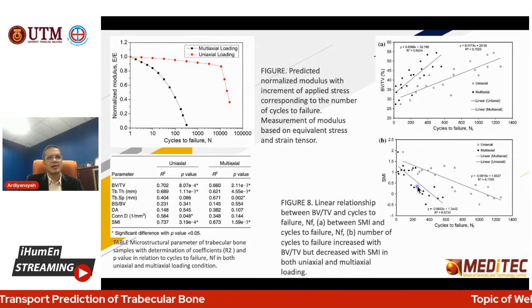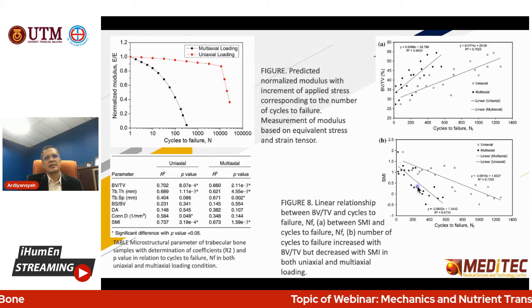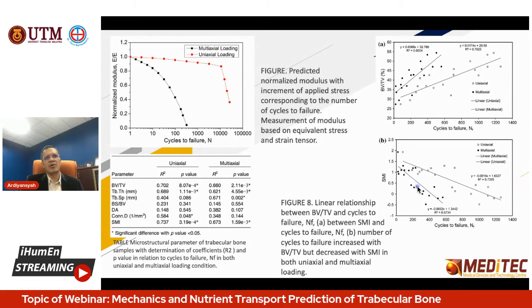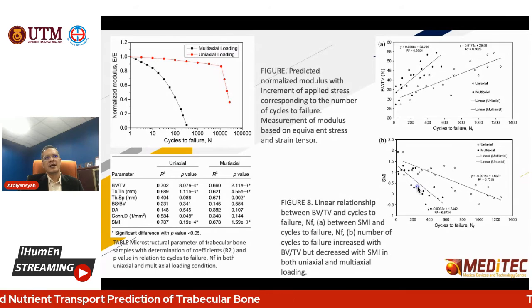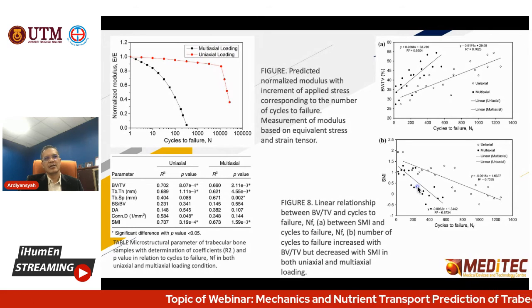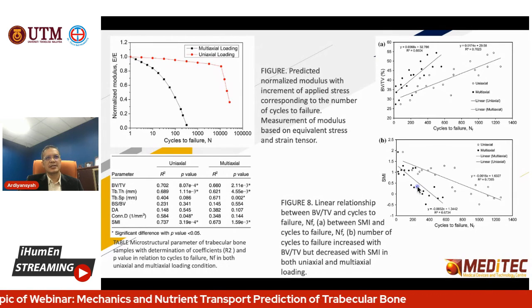Here we can know uniaxial has more correlation with the volume fraction. The same with SMI. Uniaxial has a higher correlation compared with the multi-axial.